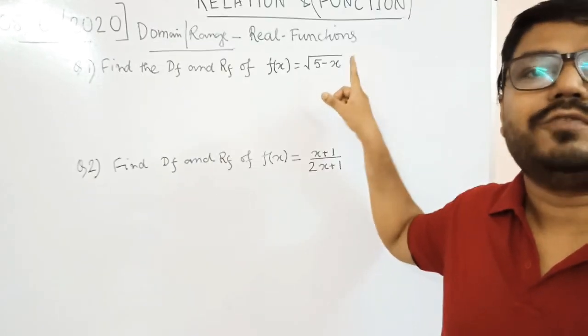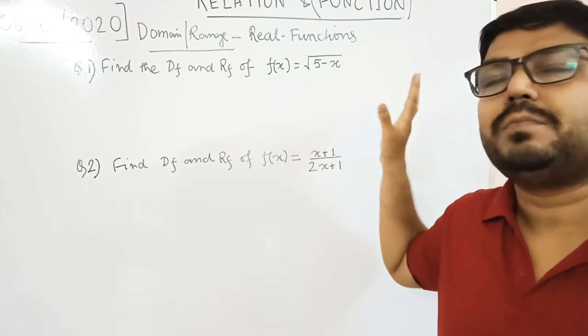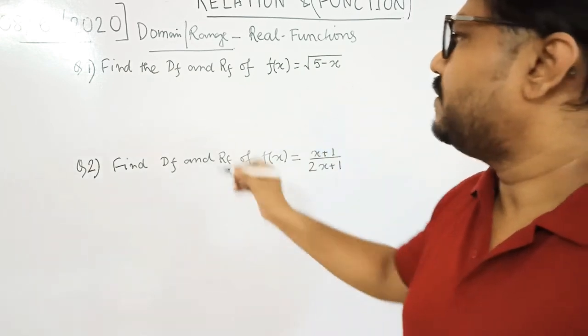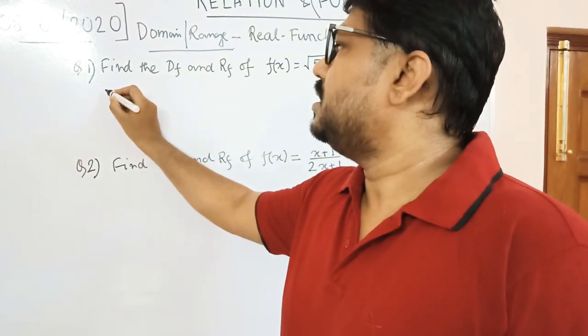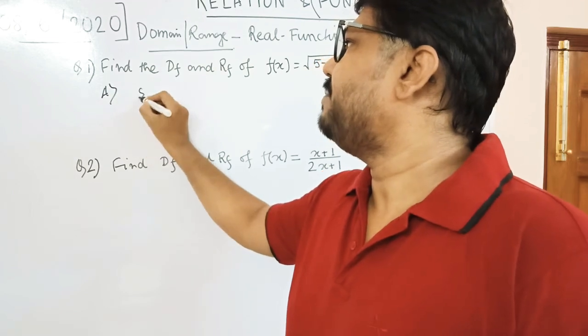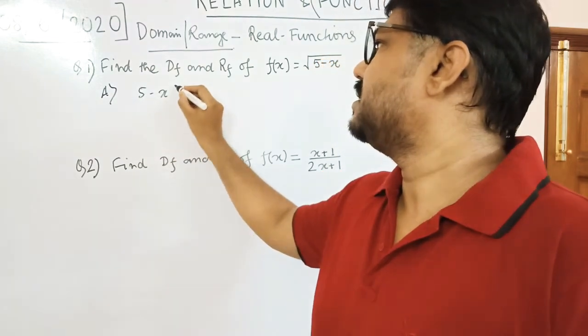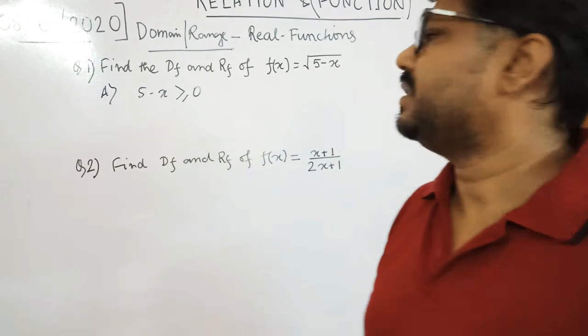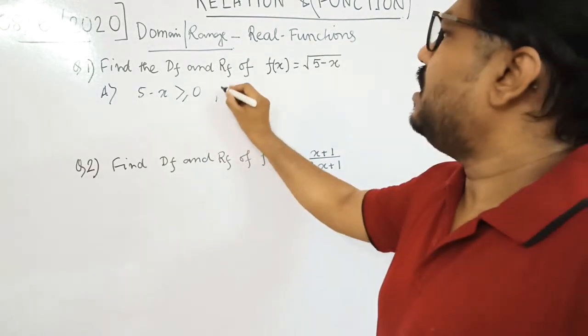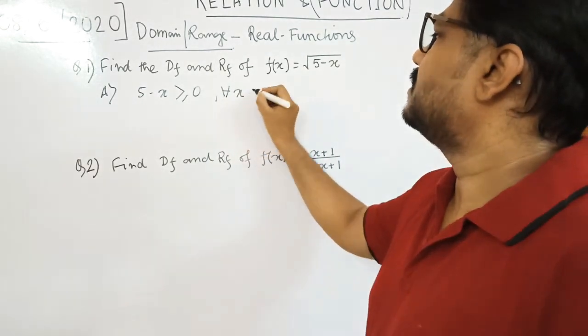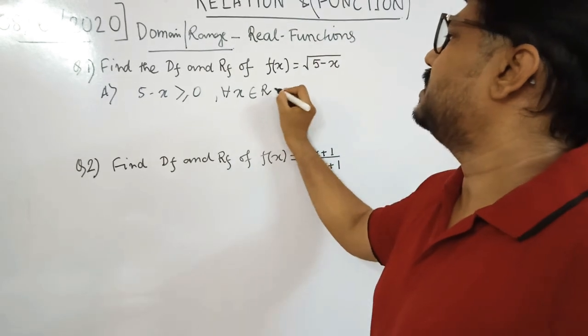It cannot be negative. If it is negative, then it will become undefined. So in the solution we can write that 5 minus x is greater than or equal to 0 for all values of x that are real.